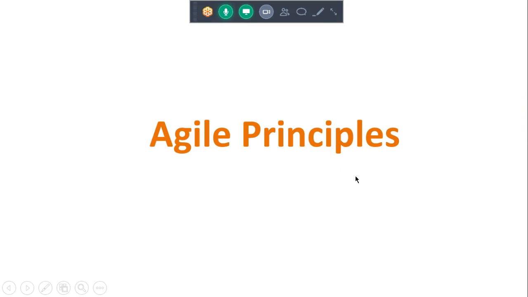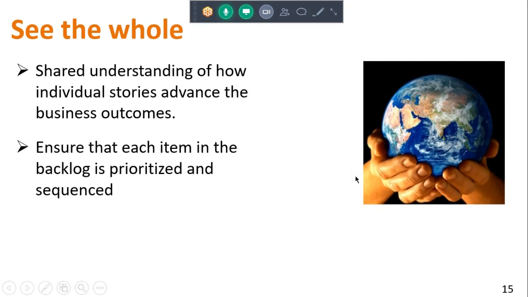Applying the agile principles to the delivery horizon. See the whole. That's interesting because in the delivery horizon, a lot of the focus is on the little bits and pieces, and the whole idea here is to never lose sight of the whole picture.